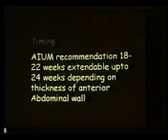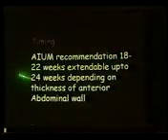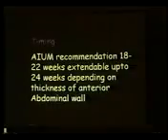What are the timings? When to do it? AIUM recommends 18 to 22 weeks, extendable up to 24 weeks depending on the thickness of the anterior abdominal wall. Any patient who has an abdominal wall thickness less than 1 centimeter, excellent resolution, you will not miss anything. Anything 1 to 2 centimeters thickness, you may require a very good machine.